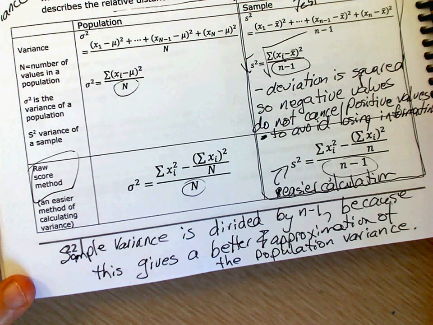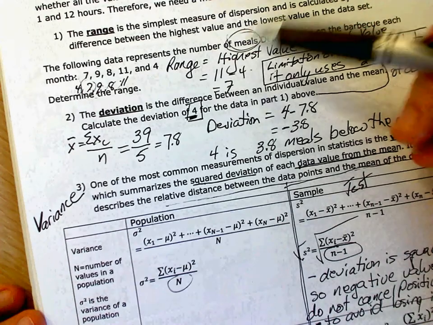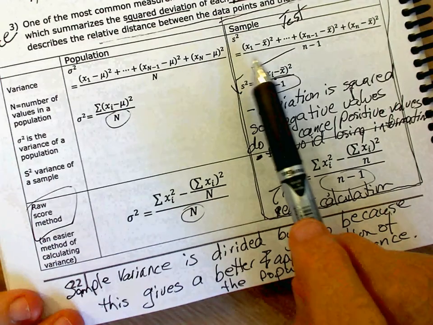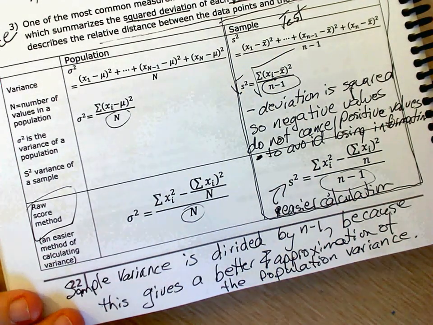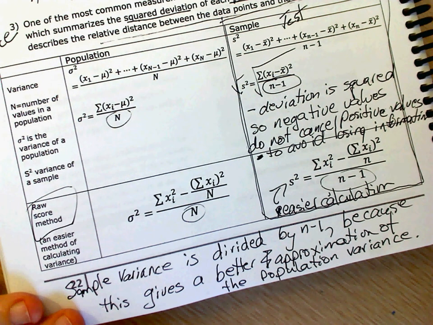You get exactly the same answer. The range only uses two data values. Here you notice we're using all the values in our data. Every deviation counts.